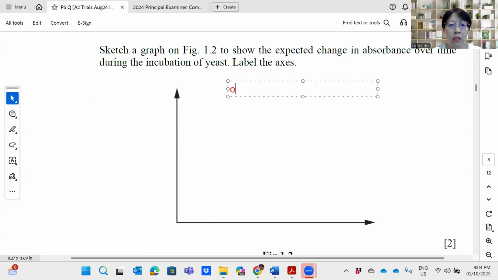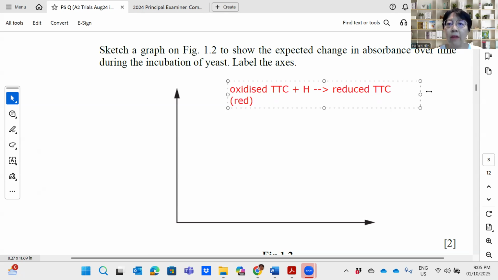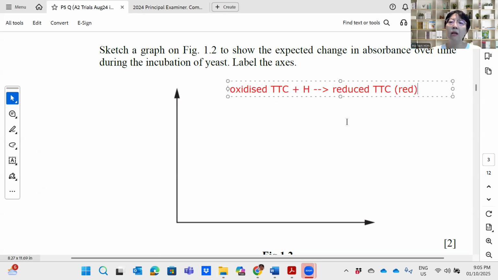Oxidized TTC accepts the hydrogen atoms from the dehydrogenation reaction of intermediate substrates of respiration, and it will be reduced, and the reduced TTC is red. So it becomes red particles. We expect that as the reaction continues, more product will be formed. Reduced TTC becomes the product, and this product is becoming more and more.